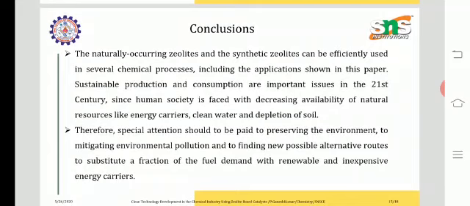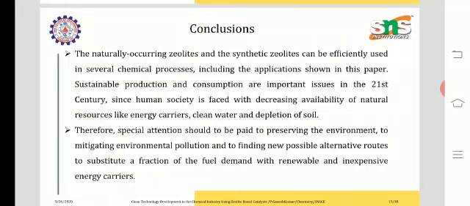The natural zeolites are non-porous in nature. So, to improve the porosity, to increase the pore sizes and to develop the absorption activities, we can go for synthetic zeolites. So it can be efficiently used in several chemical processes.